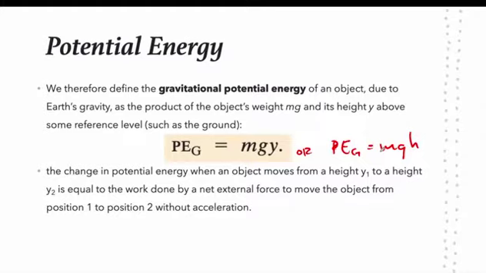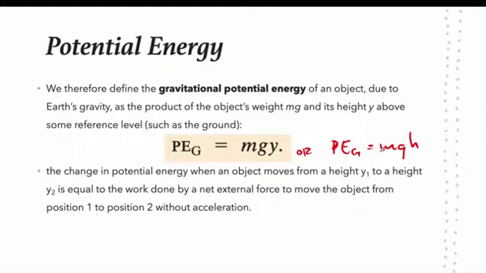In a previous video, we talked about how the work done on an object changes the kinetic energy of an object if that force causes an acceleration. We can also say that the work done on an object by moving it from height 1 to height 2 would also change the potential energy of that object.